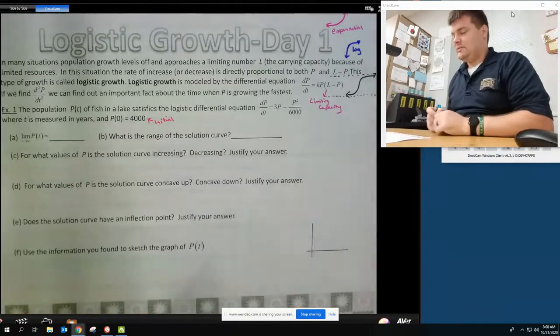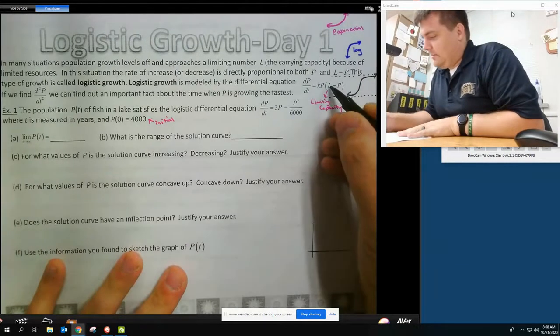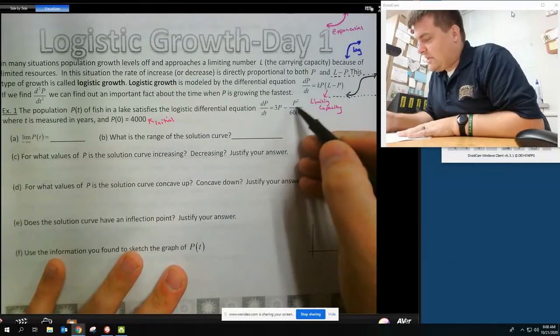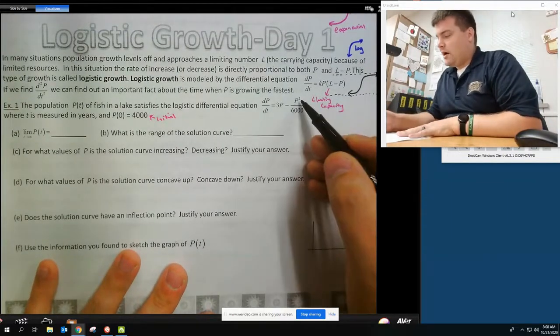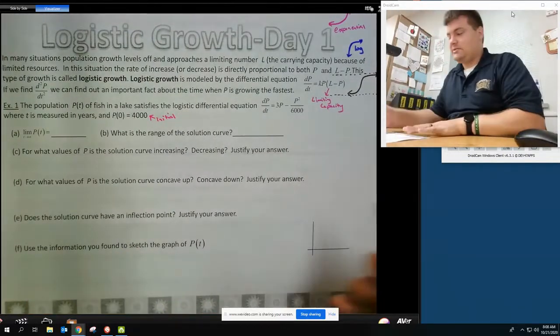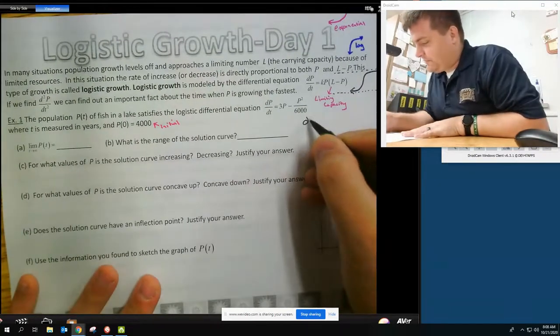So what I'm going to do is rewrite this so that I can get this L minus P. I need this P to be by itself, so I need to take out a GCF of P over 6,000.